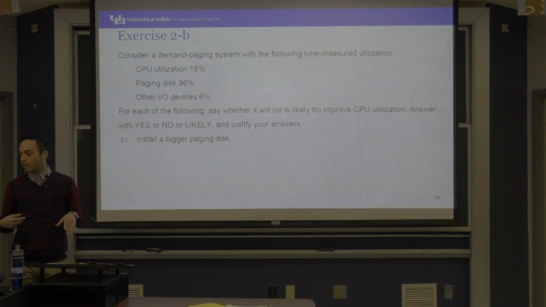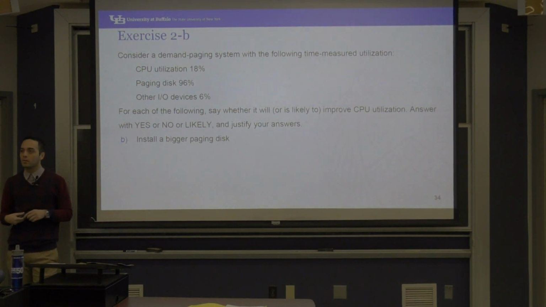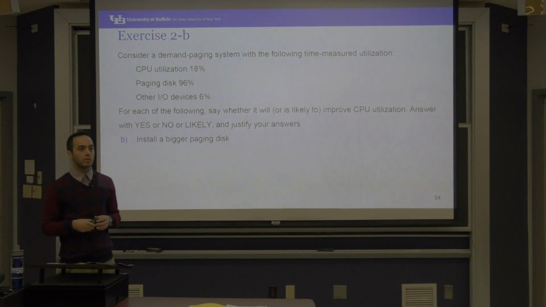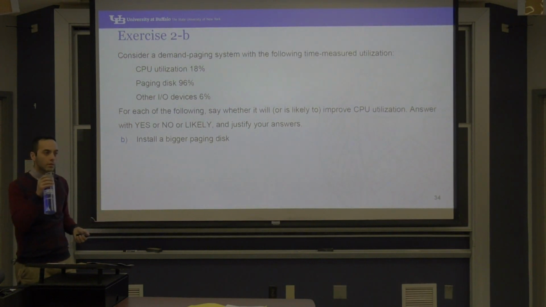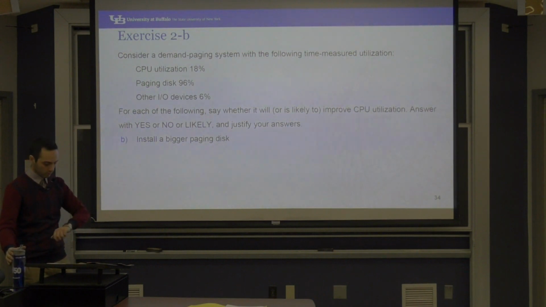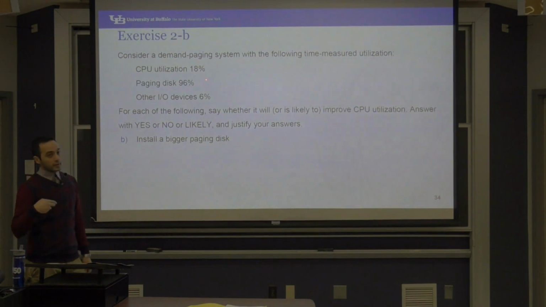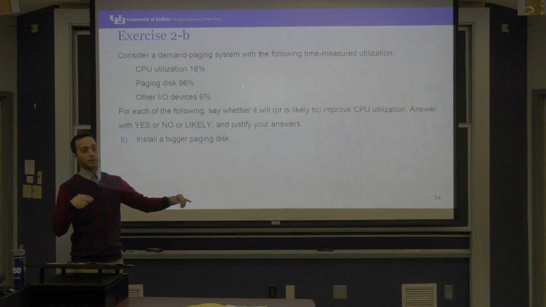So, does it help if we install a bigger paging disk? Paging disk refers to the storage. Likely? Why? The bottleneck is not the limitation of the capacity of the storage, it's the speed of communication to the storage.